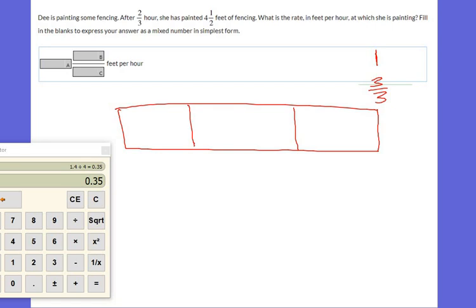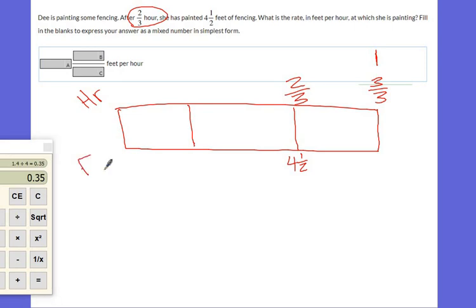I know 2/3 of it, the hours, 2/3 would be right here. And that gives me 4.5 feet. So this is feet down here. I need to know this amount for 1 whole hour. That's what they're wanting to know.